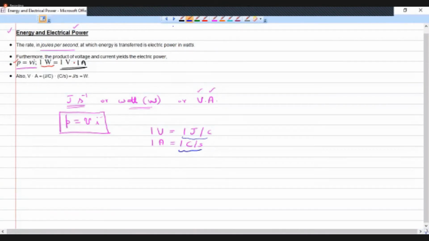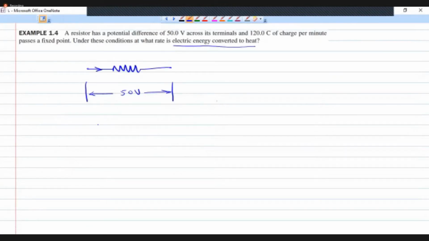So we can write the power P is equal to V into I. So the unit of power is watt, or joules per second, right? So here the unit of V is joules per coulomb, and the unit of I is coulombs per second.